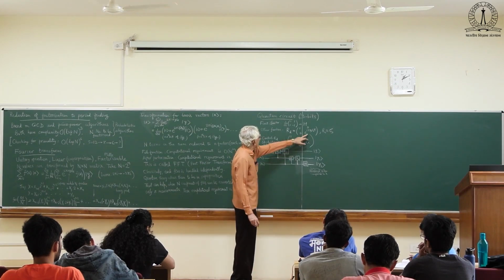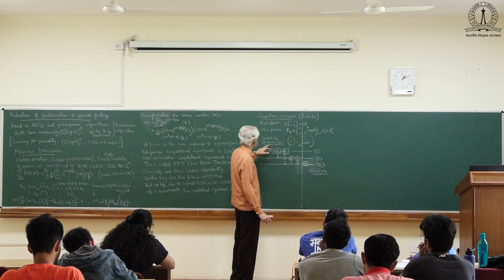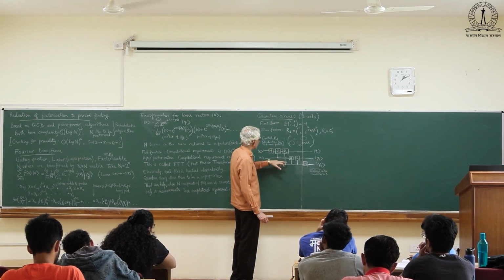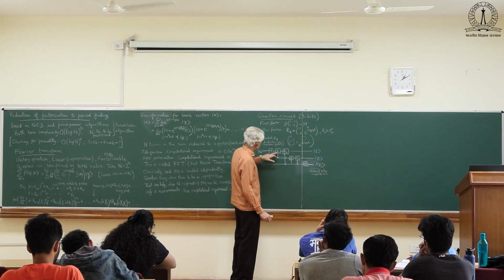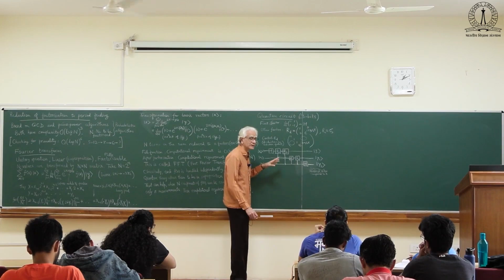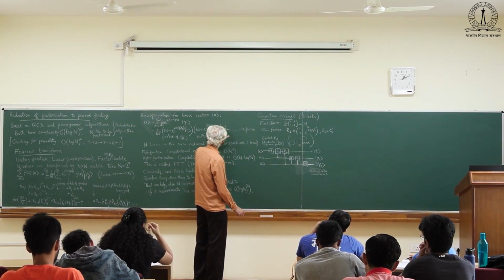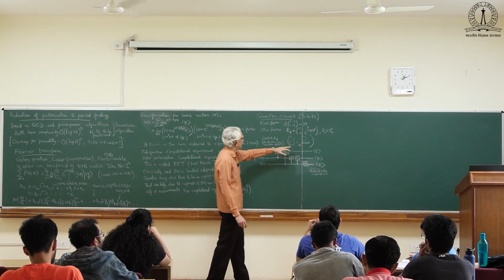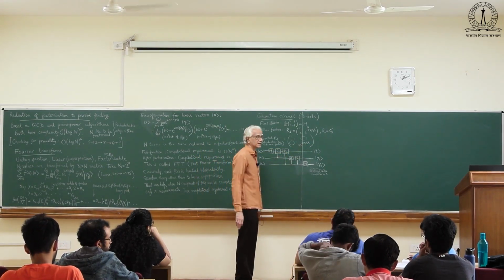So I defined this notation, and d turns out to be the distance between the qubits. This is 1 unit, this is 2 units, and that is because every time it moves by a factor of 2, the phase will drop by a factor of 2 as well.